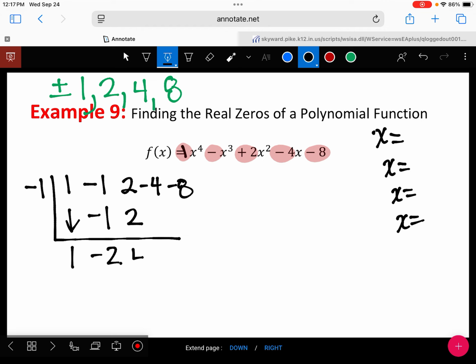Add, you get +4. -1 times 4 is -4. Add, you get -8. -8 times -1 is +8. We ended with a 0. So what does that mean? -1 is my first answer.